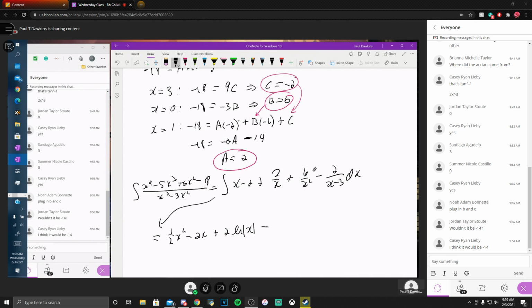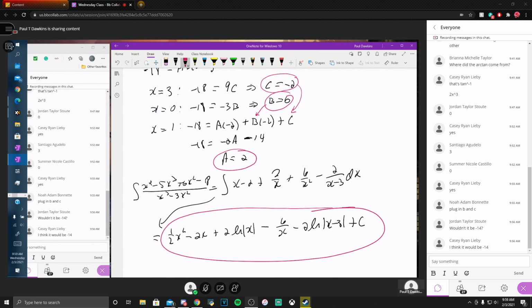So 6x to the minus 2, integrate that, minus 6x to the minus 1, or if you want to get rid of the minus sign, minus 6 over x, take your pick. And then over here, of course, minus 2 natural log absolute value of x minus 3 plus C. Okay. I think that was not as bad as the last one, I hope.